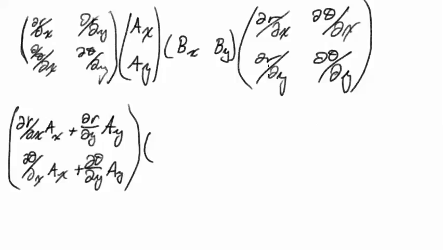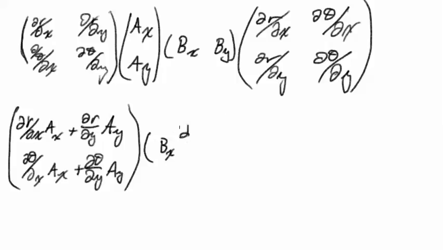Del r, del x, b sub x, del r, no, b, let me write it. I never want to commute anything accidentally. So I was about to write del r, del x, b x, but I don't want to write that. If I do commute anything, I want it to be an event in this video.